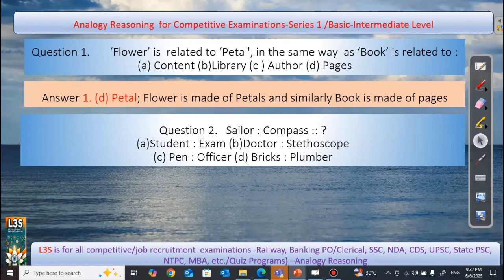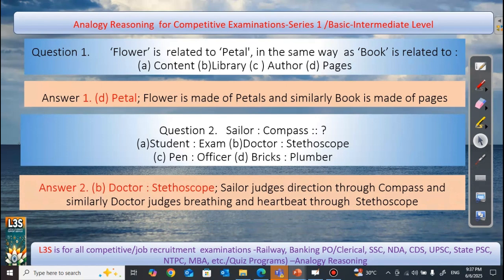If it were officer is to pen, it would have been correct. Now brick is to plumber, it is the same. A plumber does not use brick, so it is not correct. Now here, a doctor uses a stethoscope for checking the patient's heartbeat and breathing, etc. So the answer to question 2 will be B, doctor, stethoscope.